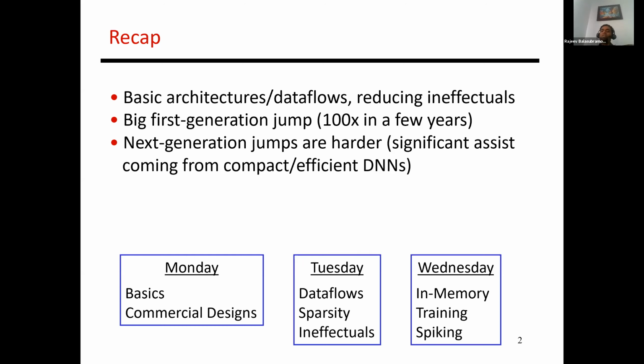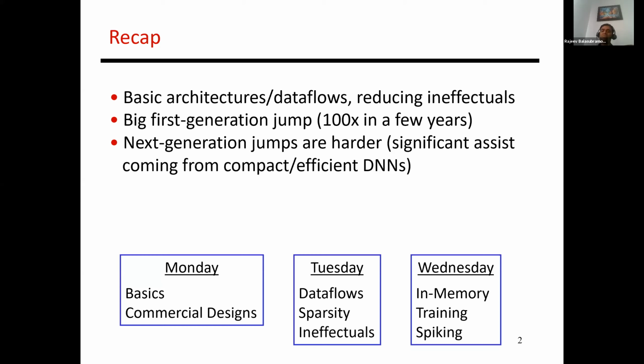And we saw that the first generation accelerators have already caused a huge 100x improvement in performance. This is mostly because they were able to pack several MAC units onto the chip. They have primarily used systolic data flows to reduce the energy cost of all the data movement. In the next generation jumps, trying to exploit sparsity is not as easy.